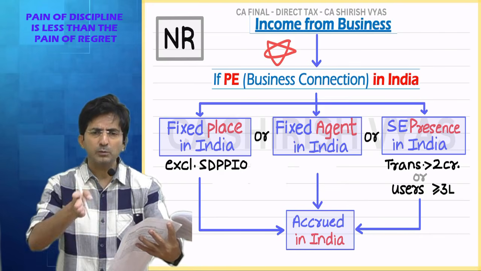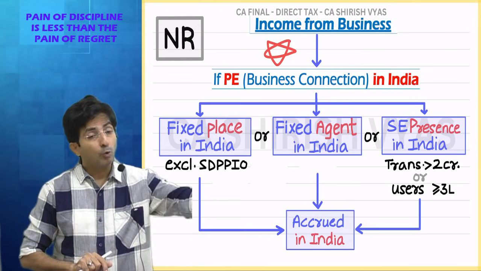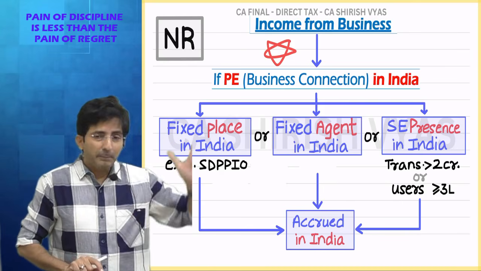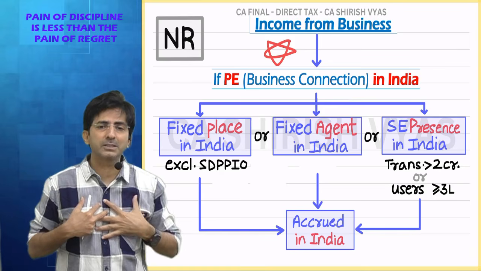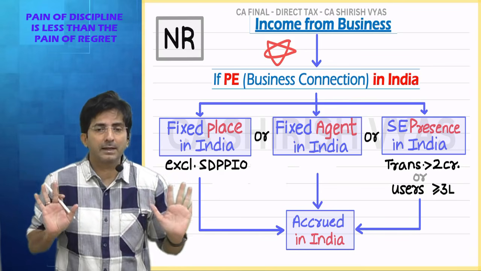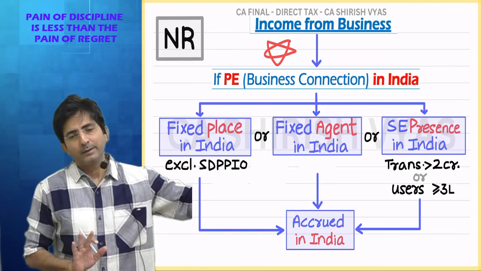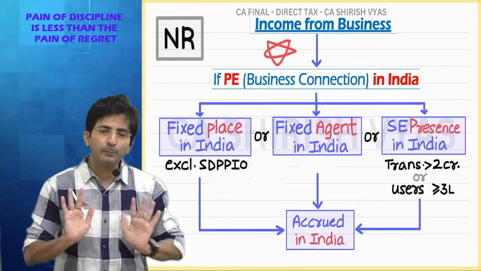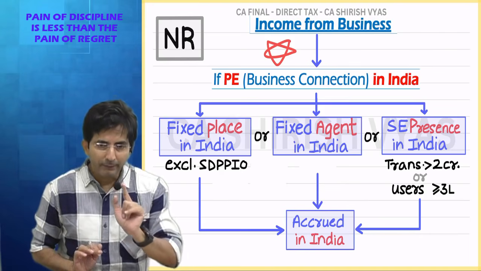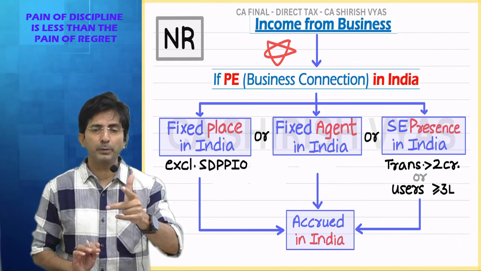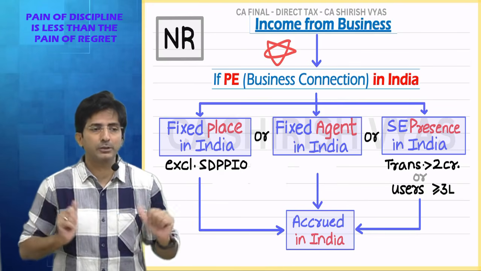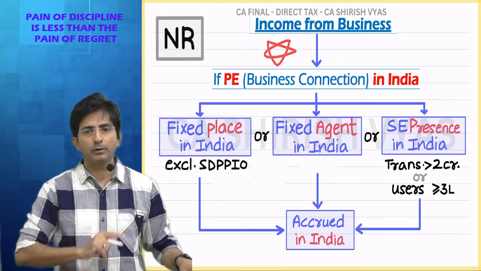It says you have a place in India, you will be taxed in India. Imagine the Singaporean will be hurt by Section 9. But when the DTAA provisions are seen, DTAA says, don't worry Singaporean, India will not tax you for having a SHIRISH place. This is favorable or not? So every non-resident has a choice to be governed by our Bare Act or DTAA, whichever is beneficial. This is the point I wanted to convey.